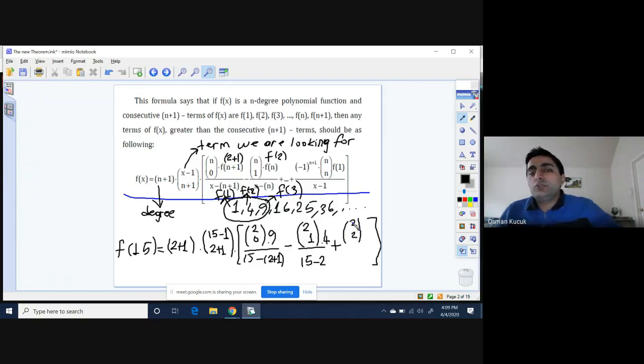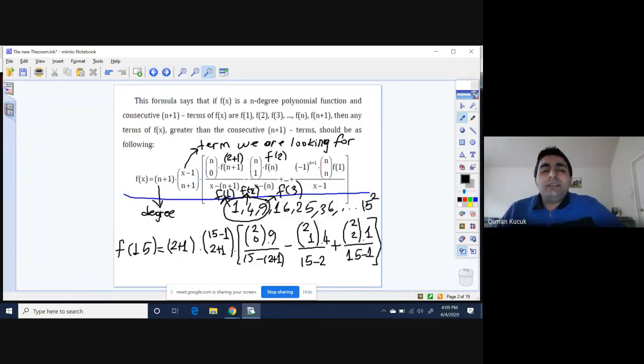So plus 2 combinations of 2 times f of 1, which is 1, then divided by 15 minus 1. When you calculate this, you are going to get f of 15. F of 15 will be equal to 15 squared, which is obvious. You might be thinking that much work is not necessary, but that's a simple sequence. As the sequences get complicated, the formula I mentioned here might be very useful.